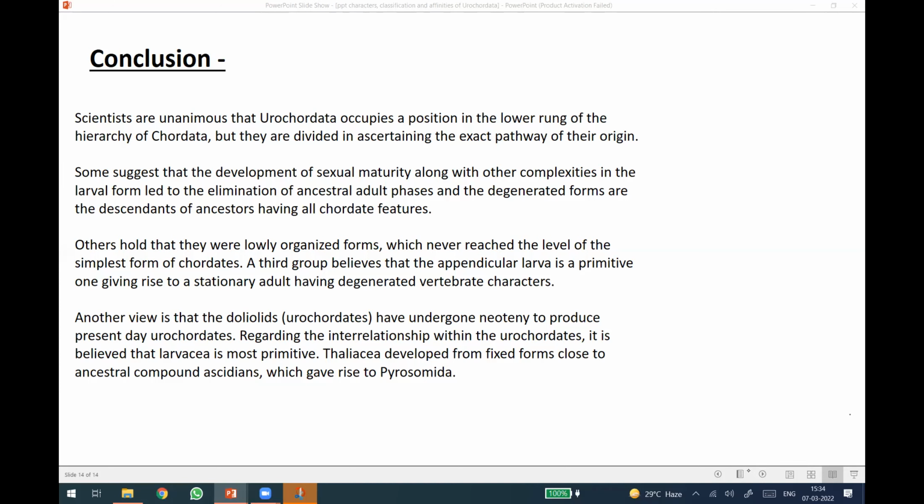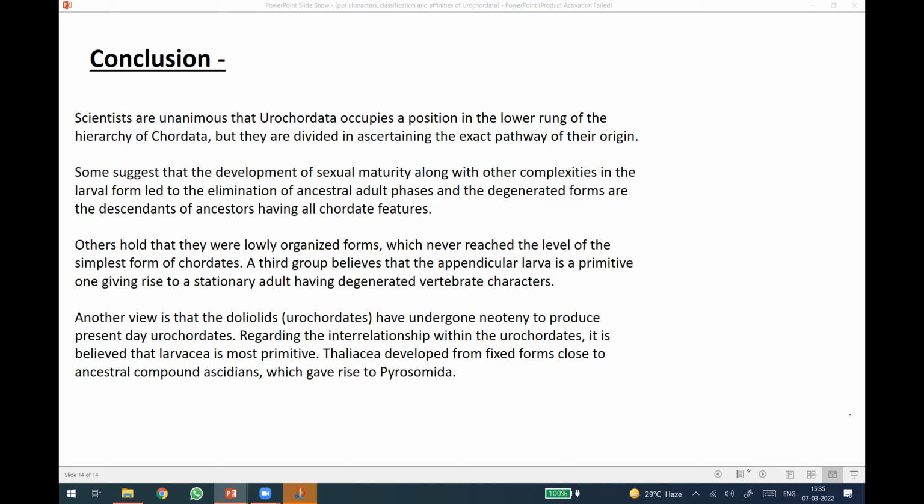Some suggest that the development of sexual maturity along with other complexities in the larval form led to elimination of ancestral adult phases, and degenerated forms are descendants of ancestors having all chordate features. Others hold that they were lowly organized forms which never reached the level of simplest form of chordates.